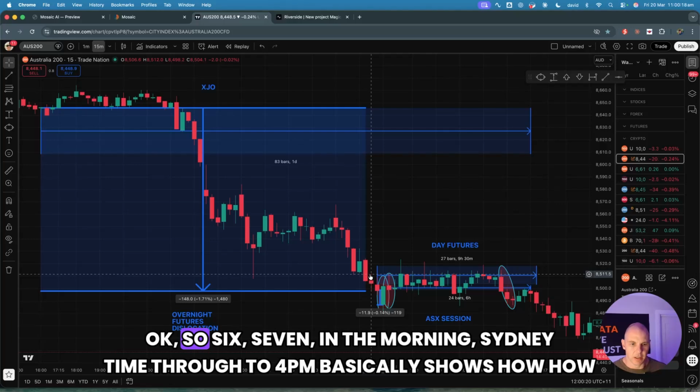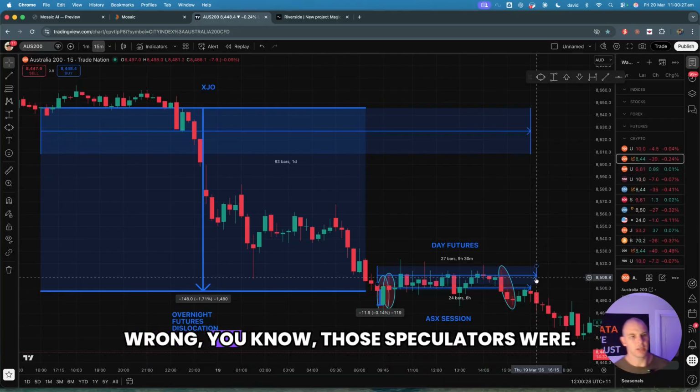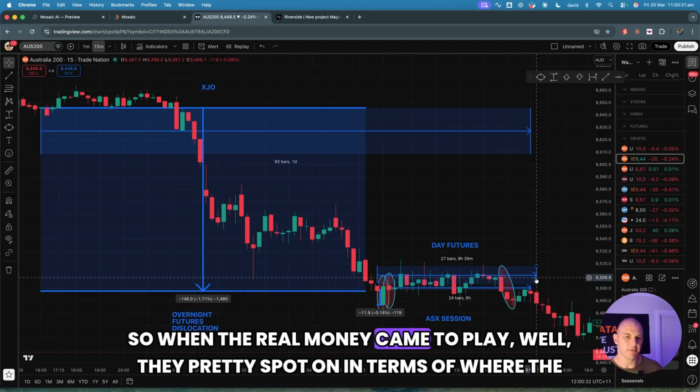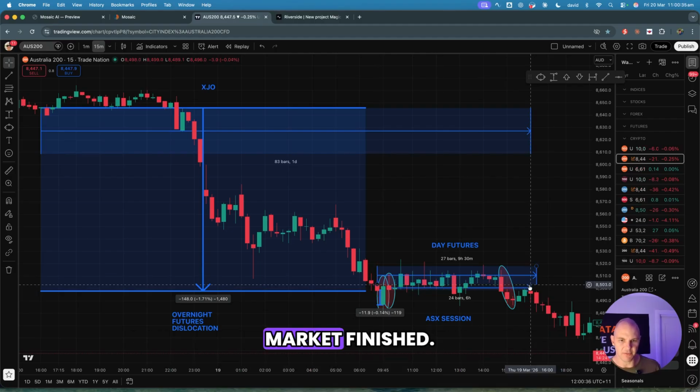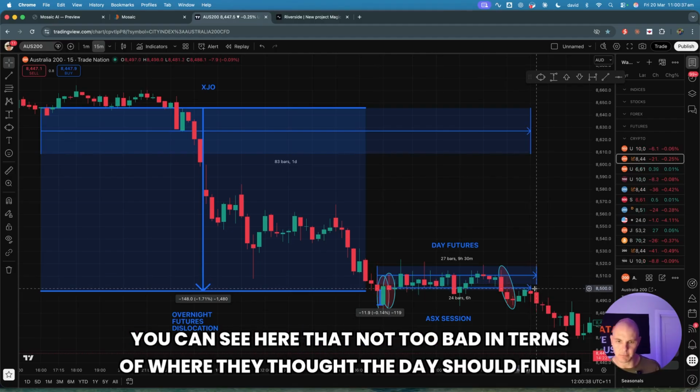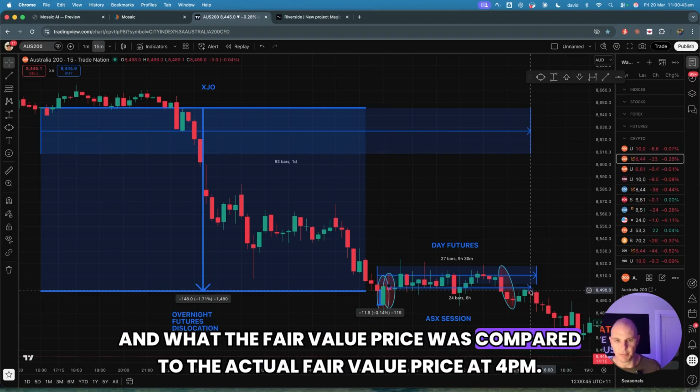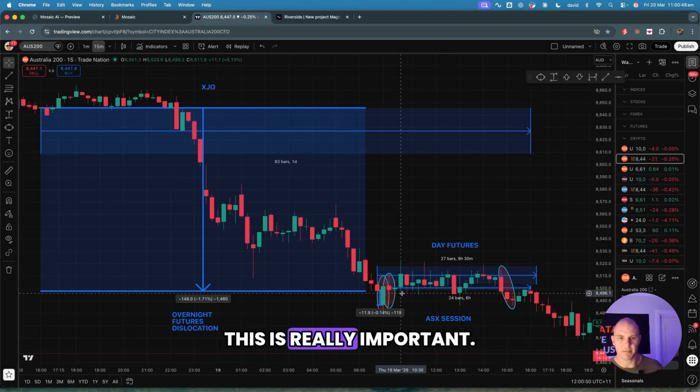Okay, so 6, 7 in the morning, Sydney time, through to 4 p.m. basically shows how wrong those speculators were. Okay, so when the real money came to play, were they pretty spot on in terms of where the market finished? You can see here that it's not too bad in terms of where they thought the day should finish and what the fair value price was compared to the actual fair value price at 4 p.m. This is really important.